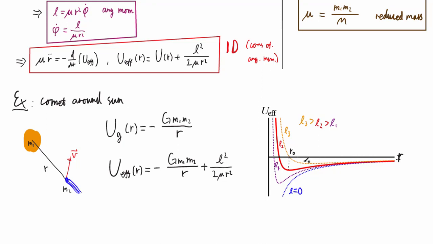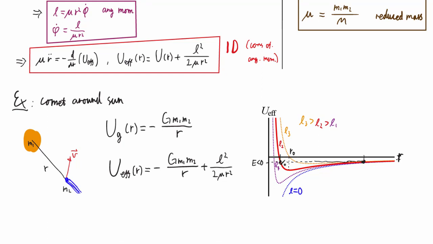And depending on what value we have for the energy, the behavior is going to be different. So for instance, if we take an energy here which is less than 0, that means that the motion is confined between two turning points, maybe roughly located here and here.